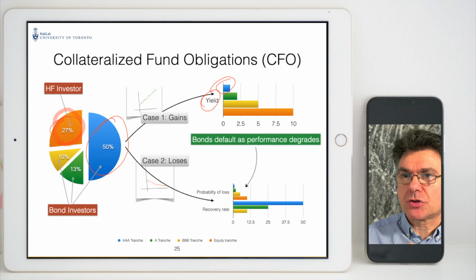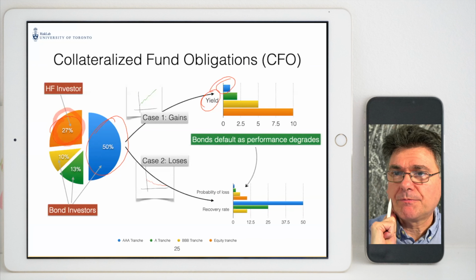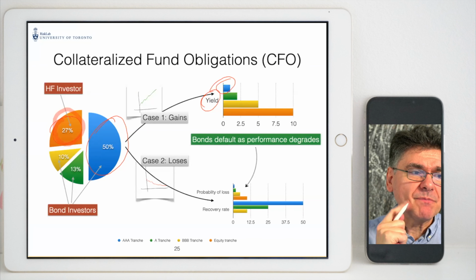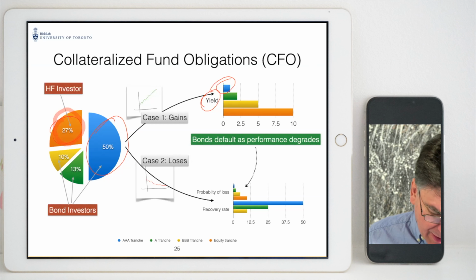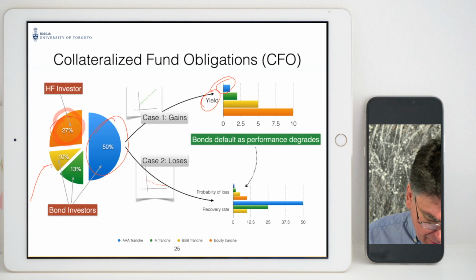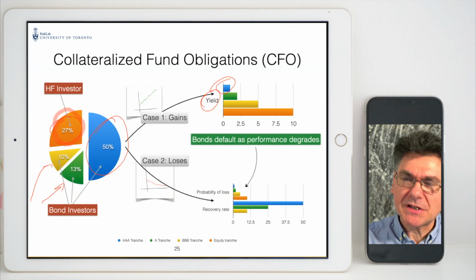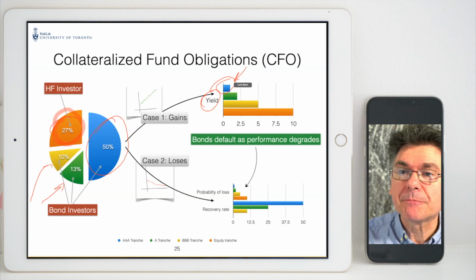They get paid first. So if something happens, the first person to lose money is you, the orange one. The next one to lose money is the yellow one that I haven't mentioned yet, and after that is the green. And after that, at the end, is the blue. So the blue is the safest investment. That's why the yield is the smallest.